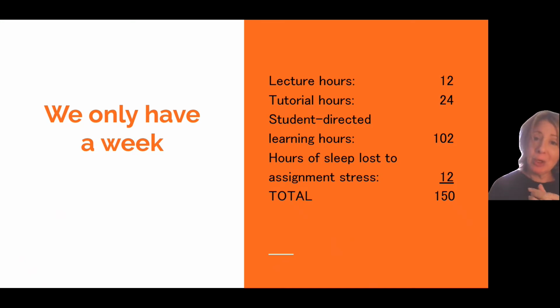And the student-directed learning hours that you're supposed to put in is about 102. So that's for the extra exercises that you don't complete in tutorial and for working on your assignments. And then we've estimated you'll lose about 12 hours to assignment stress. So that only comes in at 150 hours. It's not a lot of time and we've got a lot to pack in. So please rock up, please attend, please concentrate when you're here. It will be worth your while.